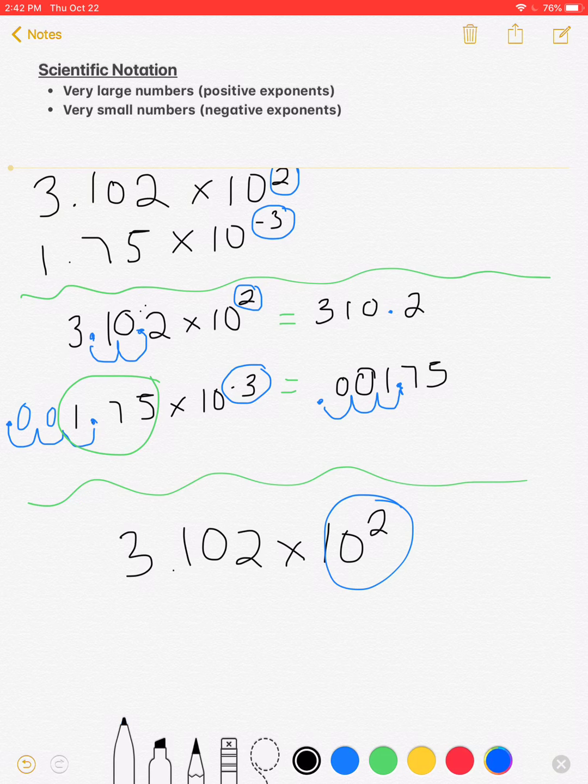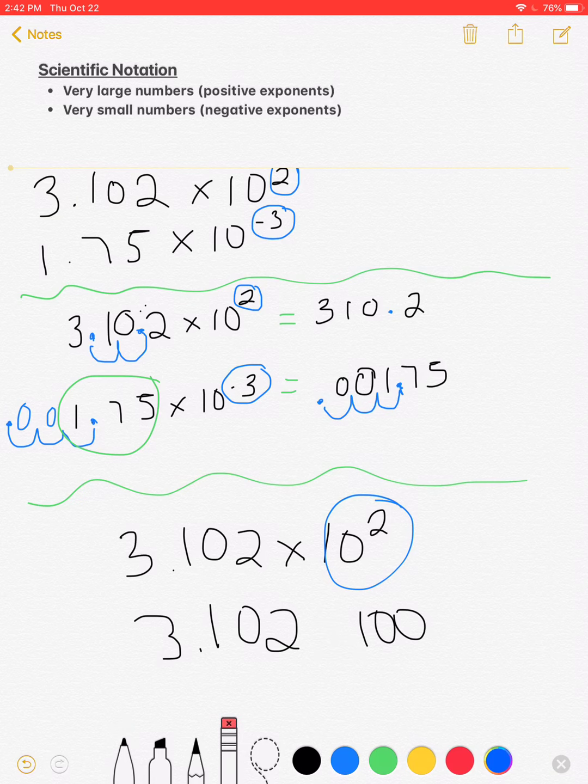So what we're saying is 3.102 times 100. Sorry, that is awfully sloppy. It's getting difficult to write on this. So 3.102 times 100, and when you do that, you end up with, remember this answer all the way up here? There it is. That's all it is.